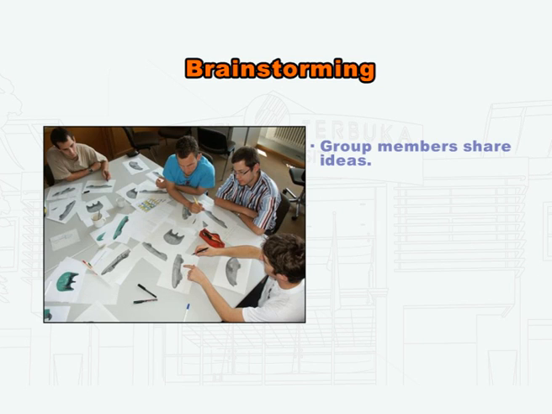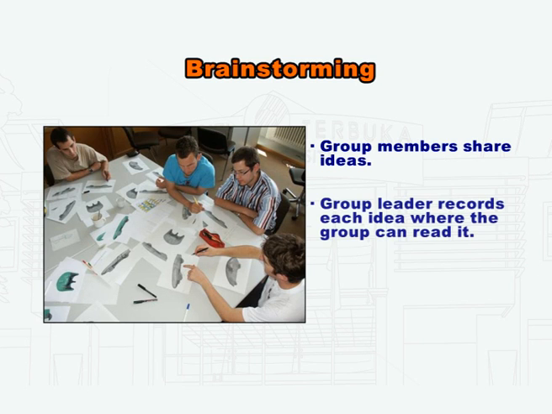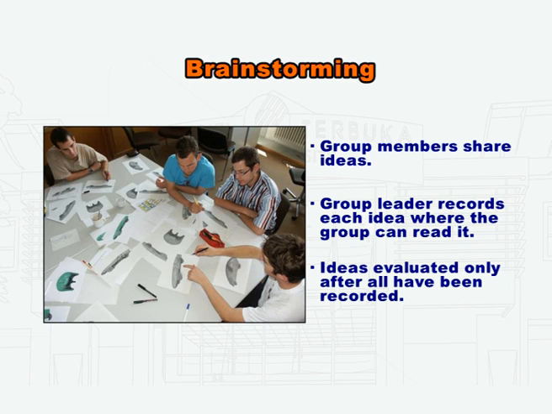Under this method, group members share ideas while the group leader records each idea where the group can read it. These ideas will all be evaluated once all the ideas are recorded. The best idea will be chosen once the advantages and disadvantages are considered.